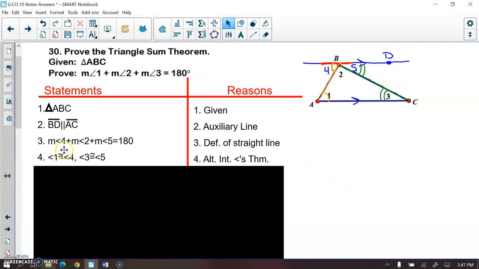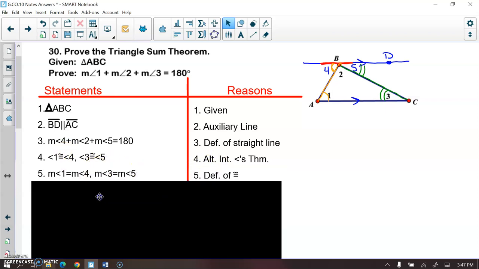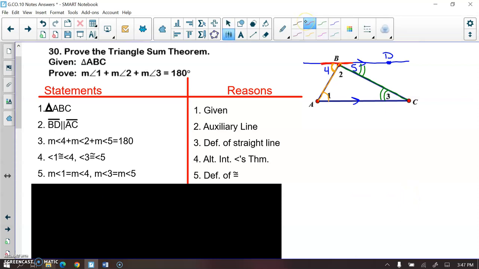Now, since I have something with an equal sign in it and something with a congruent symbol in it, I'm going to change those congruent symbols to equal signs using the definition of congruence. Lastly, since I know the measure of angle 1 equals the measure of angle 4, I'm going to take the measure of angle 1 and put it in for the measure of angle 4.